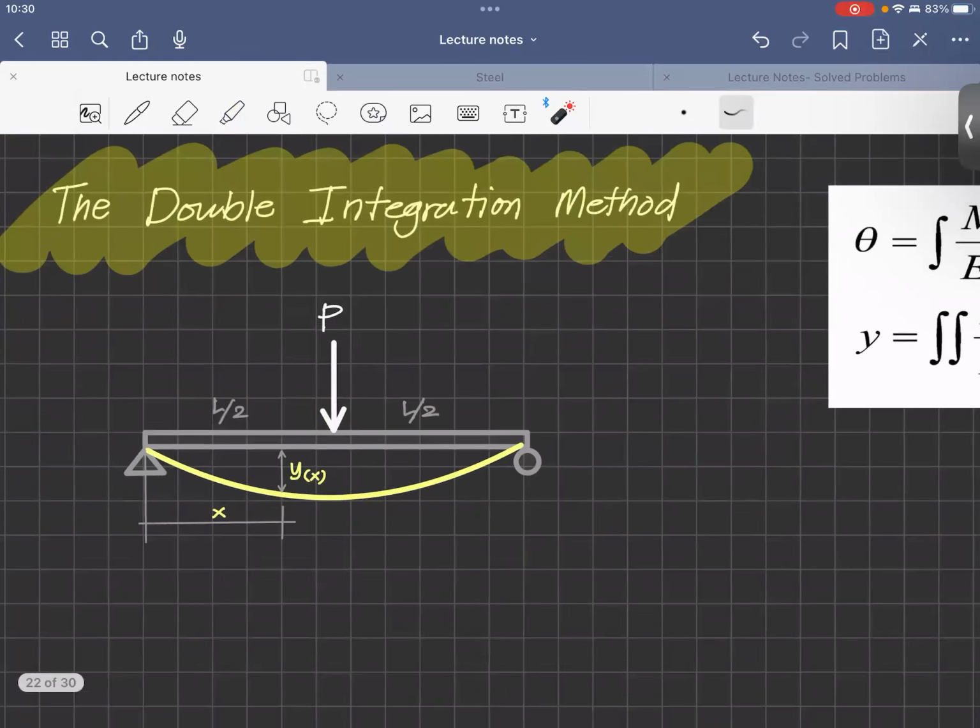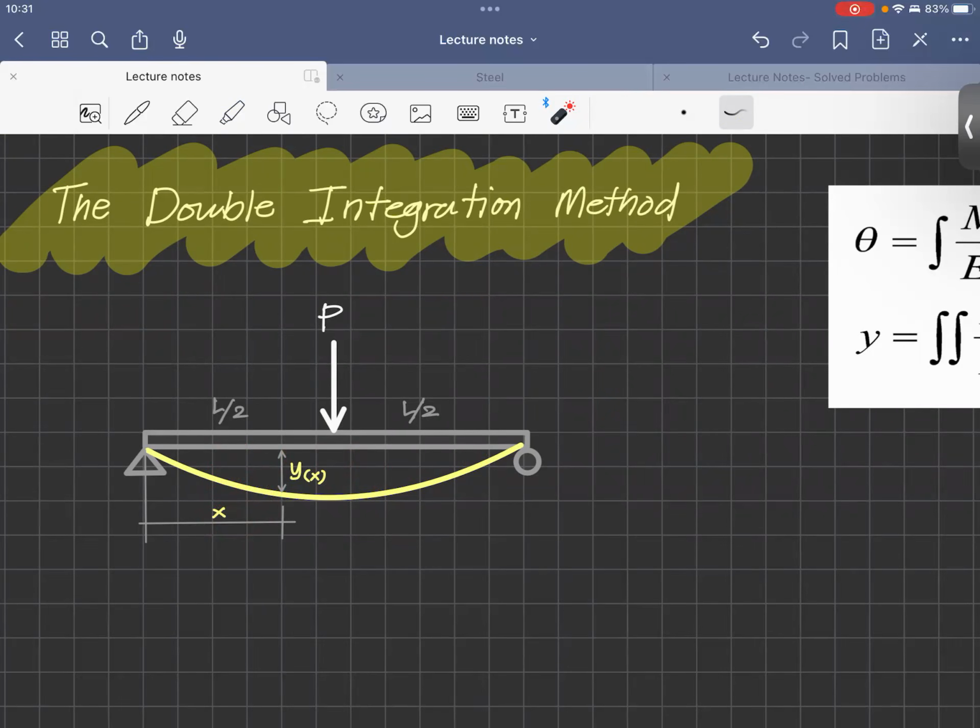The double integration method is a method wherein we can derive a general equation in terms of an arbitrary distance x. Once we arrive at a general equation, we can solve for the deflection at any point along the beam just by substituting the value of x at that point.